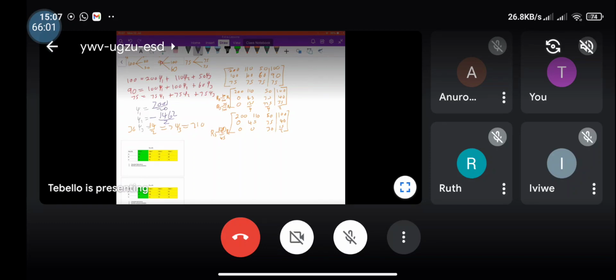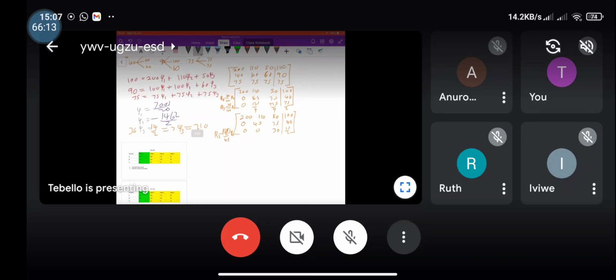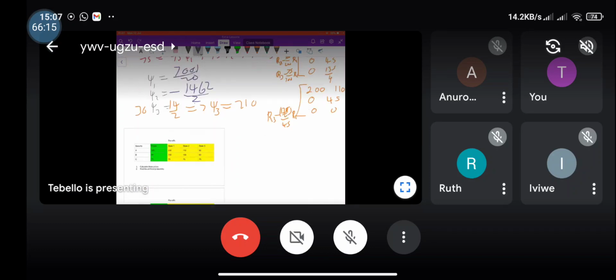Again, you can try them on your own and see if I didn't make a mistake somewhere. But these are the answers I get. So to find the artificial probability, you are going to say let psi 0 equal the sum of all the states, right?